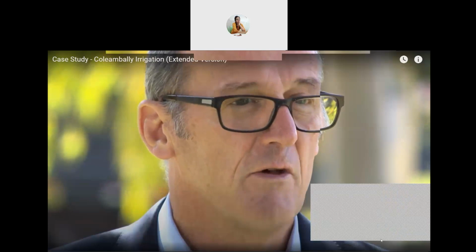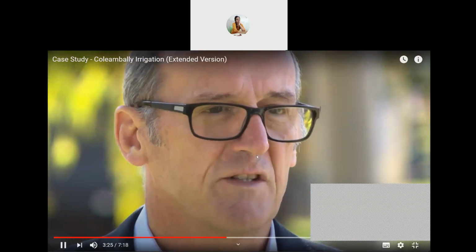We've seen the level of water losses drop from, on average, about 100,000 megalitres per year, now down into the area of about 30,000 megalitres per year. In fact, last year we had our lowest ever losses of about 26,000 megalitres. Now that saving is 65 to 70,000 megalitres a year in and year out.